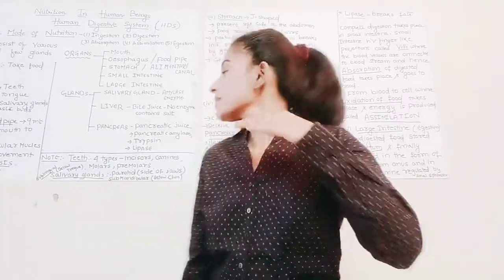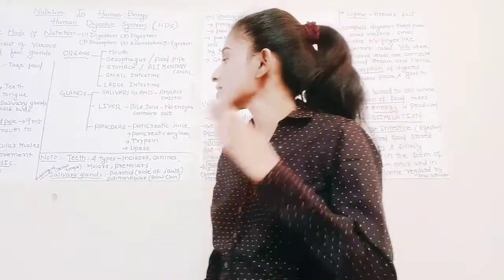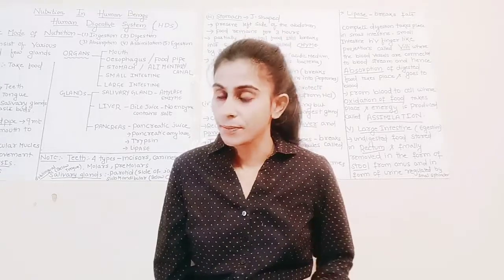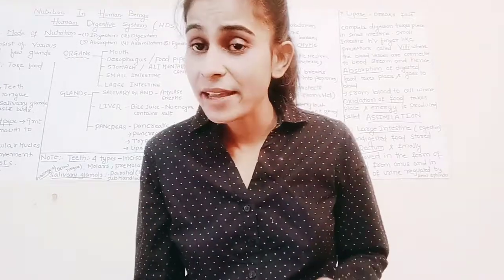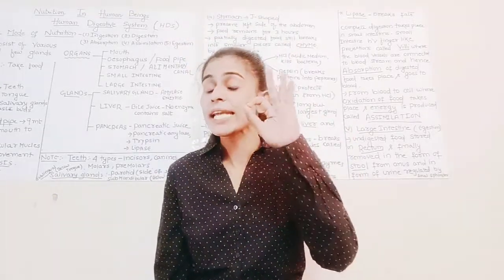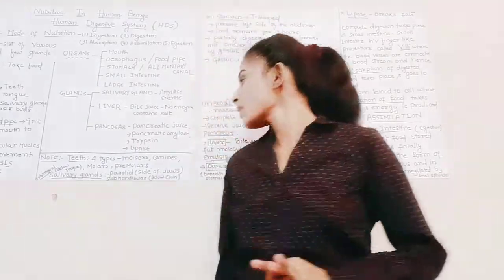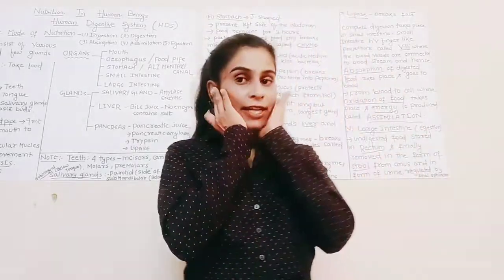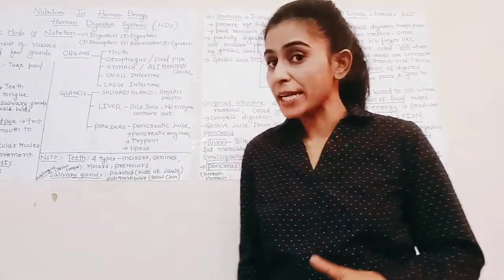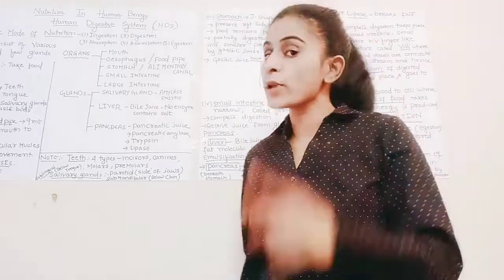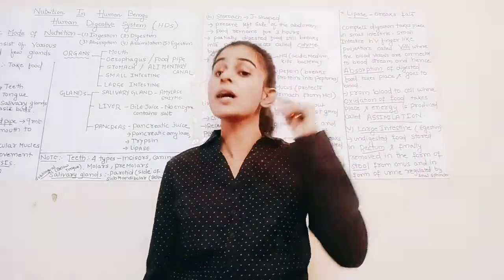The third and final one is your sublingual gland, which is present below the tongue. So the three types are the parotid gland at the side of the jaws, the submandibular gland near the chin, and the sublingual gland below the tongue.